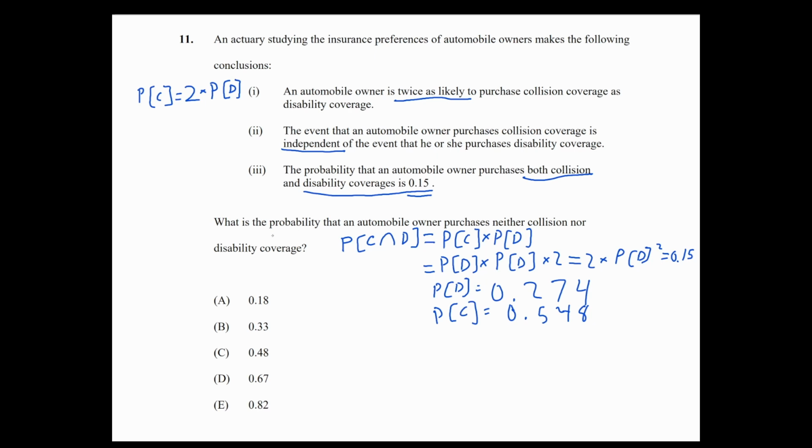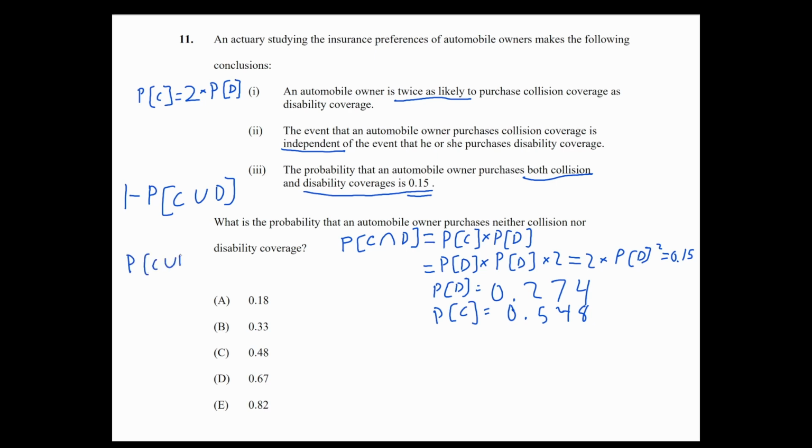Now, we want to calculate what is the probability that an automobile owner purchases neither collision nor disability coverage. That means that even if an automobile owner is going to purchase coverage, it's not going to be collision or it's not going to be disability coverage. So what does that mean? That's going to mean the answer is going to be this formula of 1 minus the probability of C union D. So what is the definition of probability of C union D?